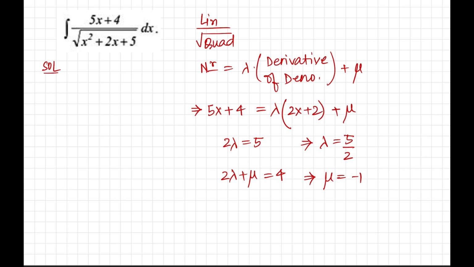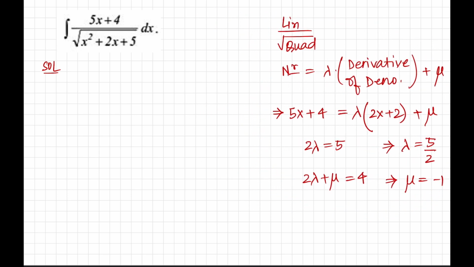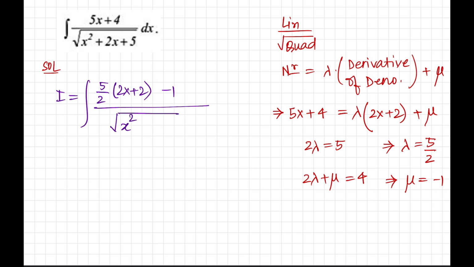So now we can write this question as integral I is equal to 5 over 2 into 2x plus 2 minus 1 upon under root of x square plus 2x plus 5 dx.